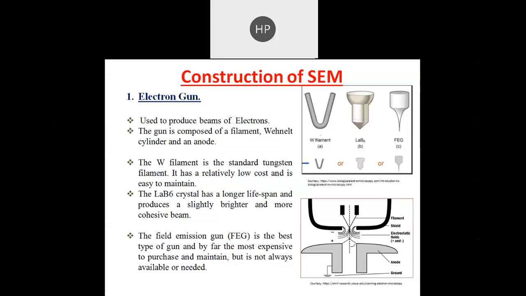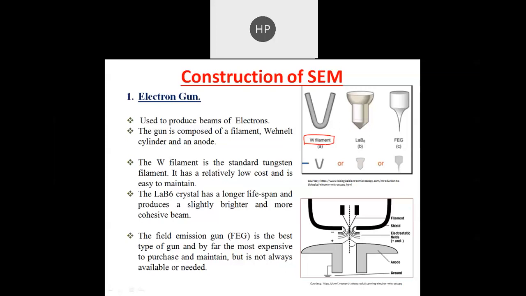The tungsten filament has a very low cost as compared to these two, and it is easy to maintain. That's why tungsten filament is widely used in many SEM applications as a gun.